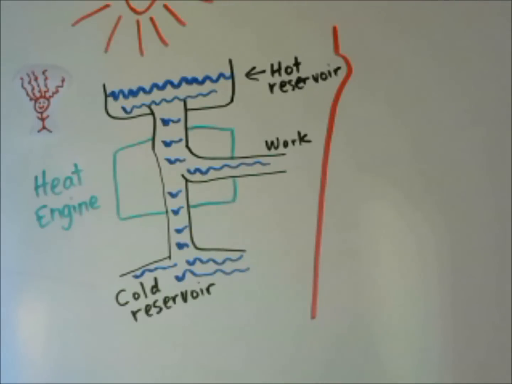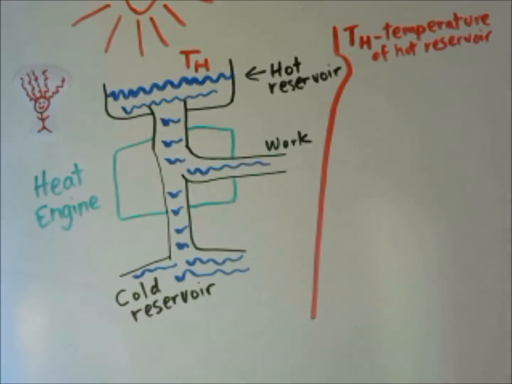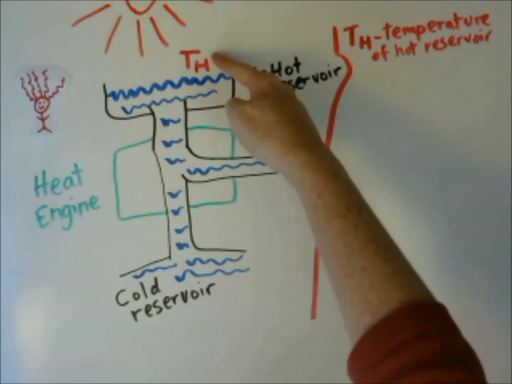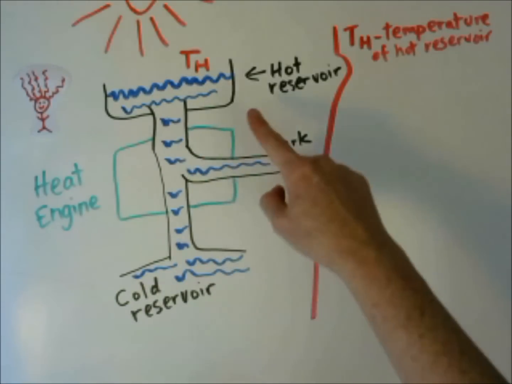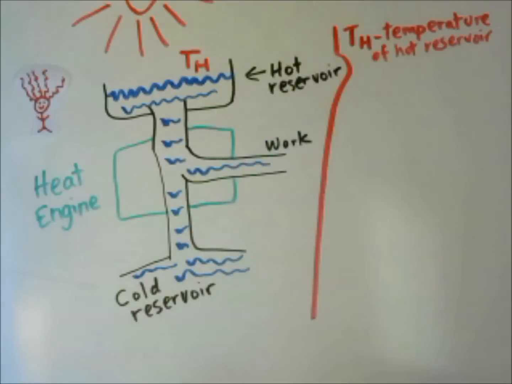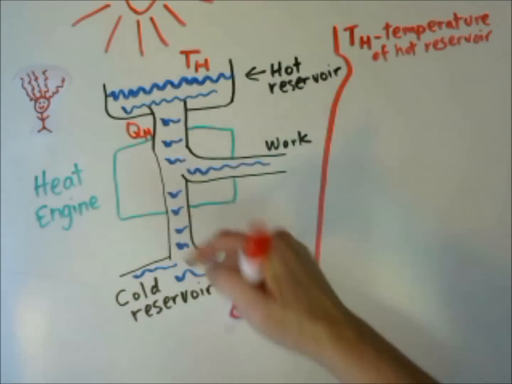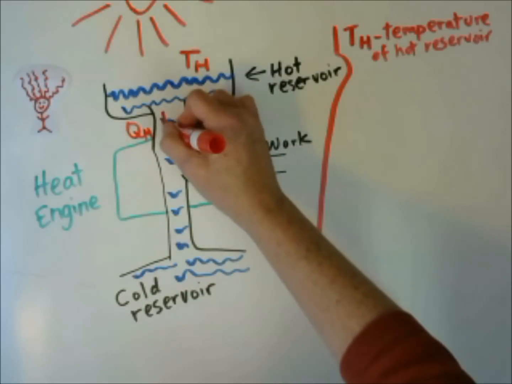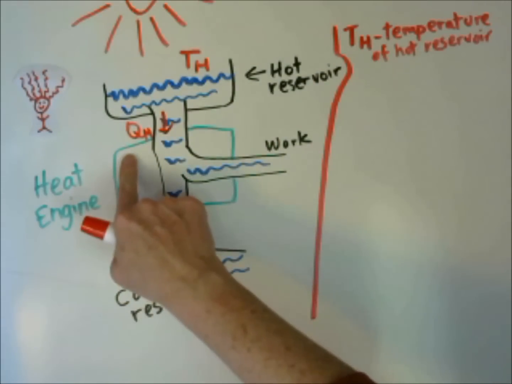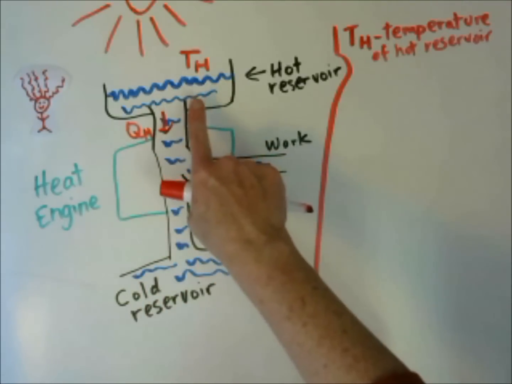We're going to use some variables in our heat engine to refer to different pieces. So first we label TH. This is the temperature of the hot reservoir. We also are going to send heat down to the heat engine, and we'll call that Q sub H. Q sub H means the heat that comes out of the hot reservoir.